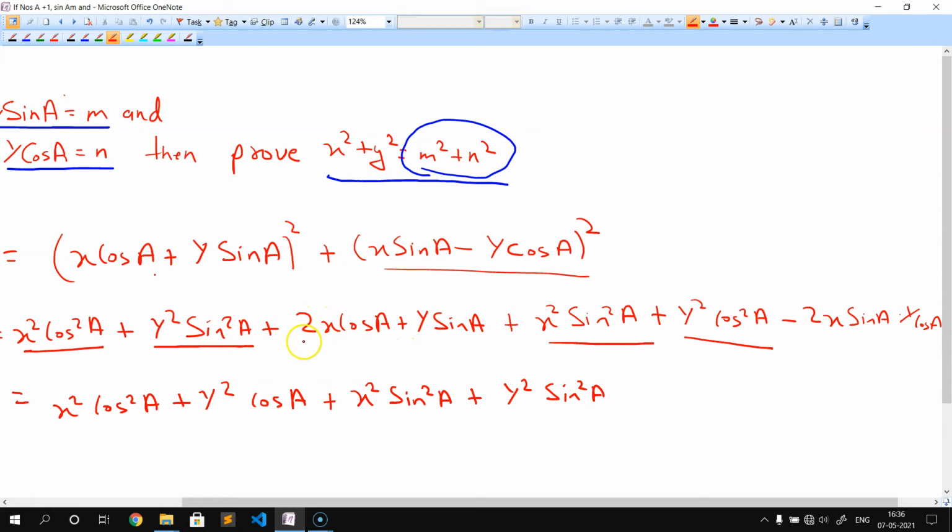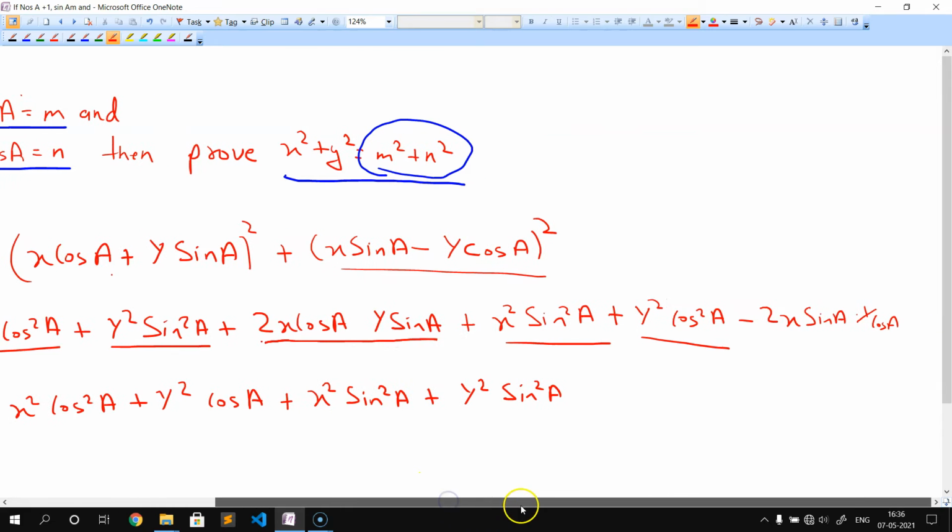And here you can see that 2x cos a y sin a is in plus and here 2x sin a y cos a is in minus, so they will cancel out.